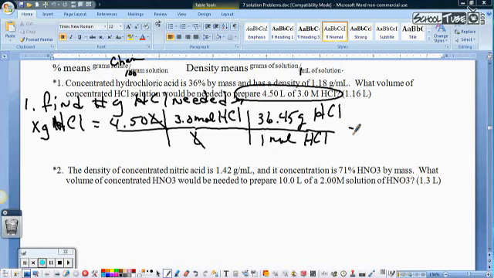I had it, actually, yeah, 45. It might be 46. Anyway, whatever the gram molar mass is, I think it's 36.46. It's got to have 2 decimal places.